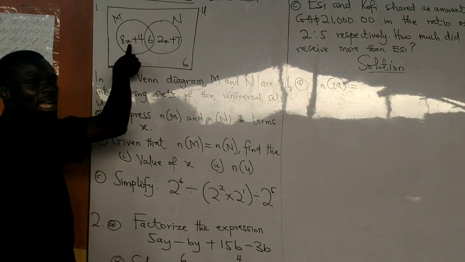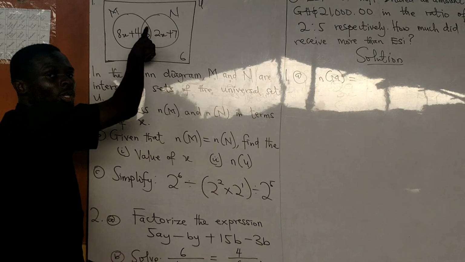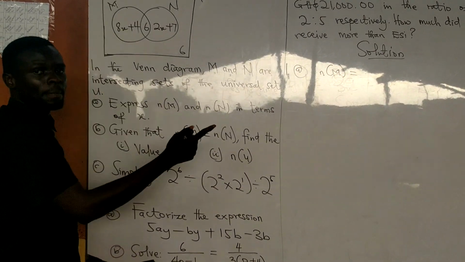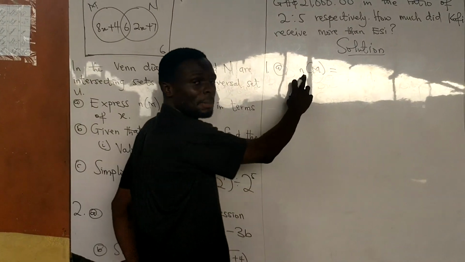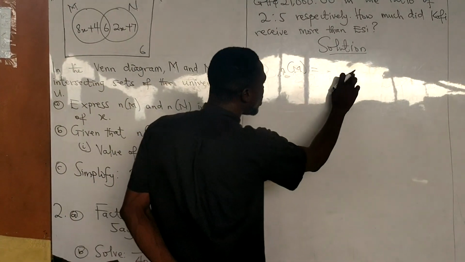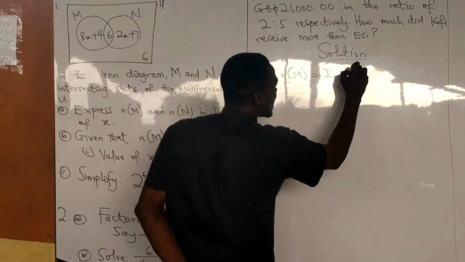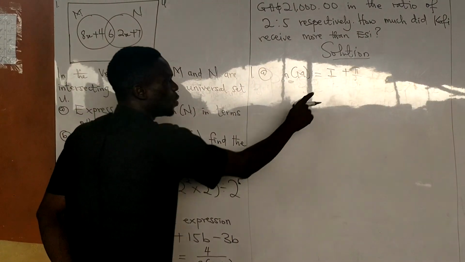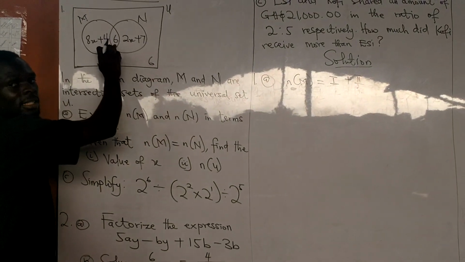Region 1 is M only, and region 2 is the intersection of M and N. So if I want to use the regions, I'm going to say the number of M is equal to I plus II, where the I is this and the II is this.